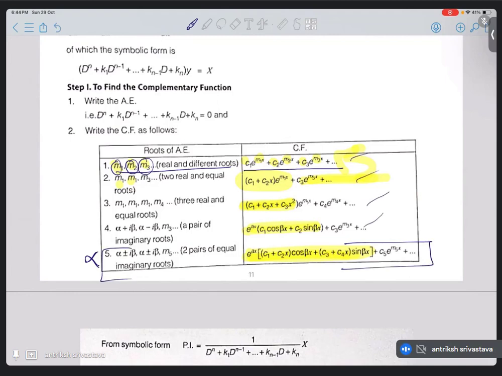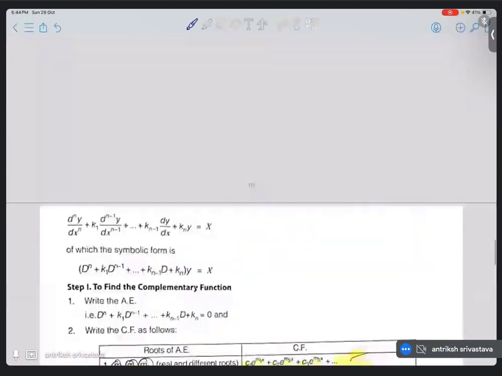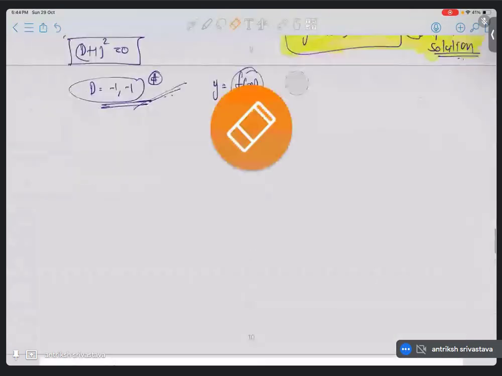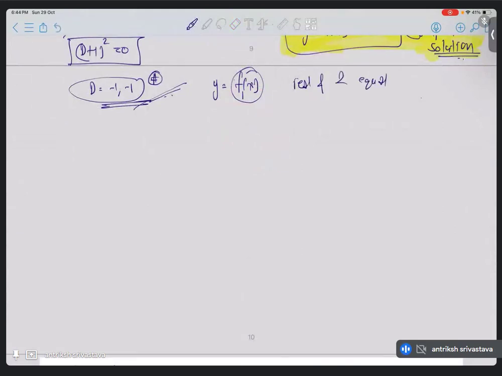Okay, so our case was real and two roots equal, where m1 and m2 are both the same, and the value is -1. So what was the function? Y is equal to (c1 plus c2x) e power m1x. So (c1 plus c2x) e power -1 into x, so e to the minus x. This is our function.